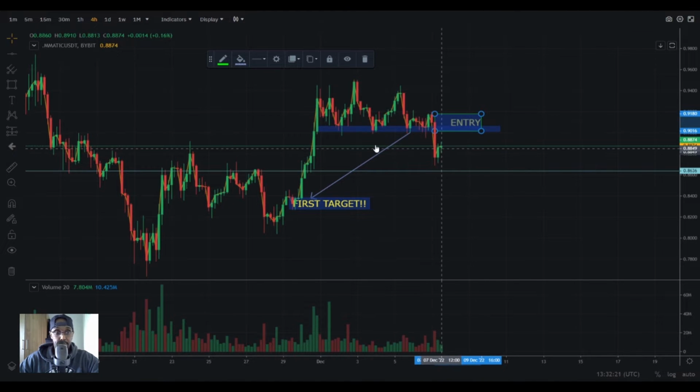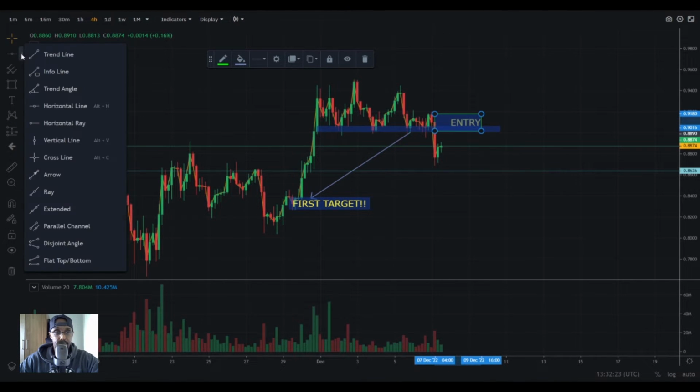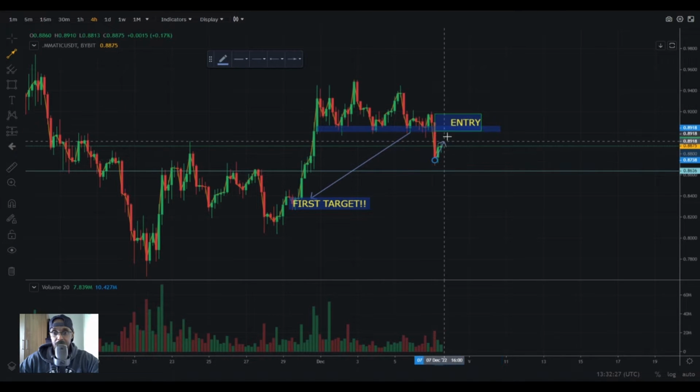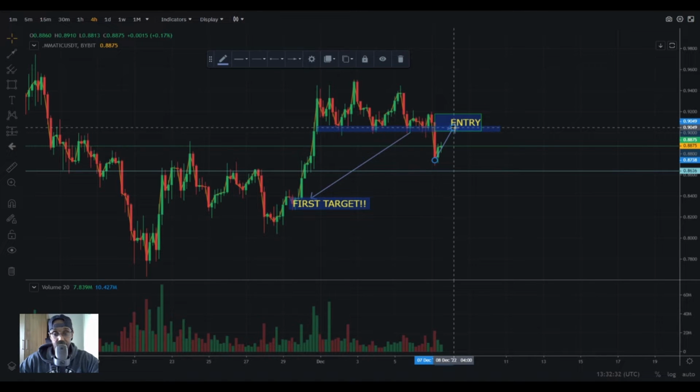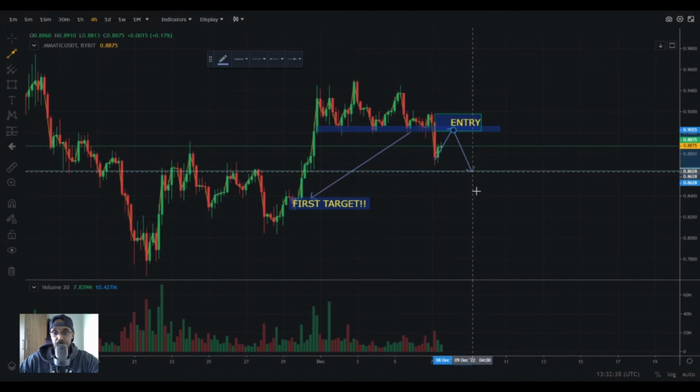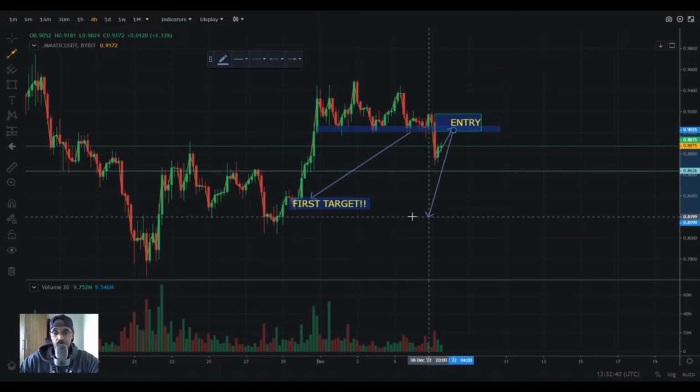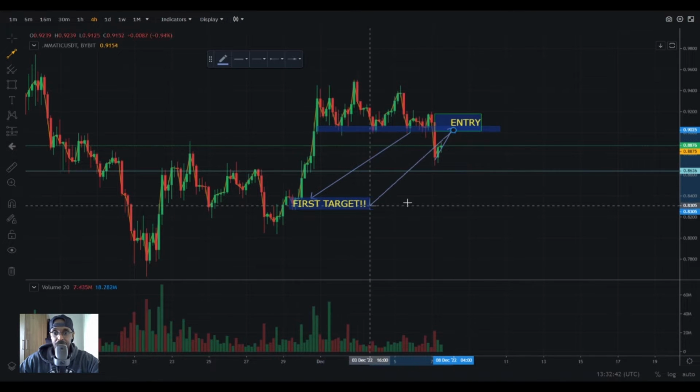Then once this comes up, let me bring up the arrow. So let's say in this scenario that we do come back up into this area, we then should be expecting a continual movement back down to this area over here.